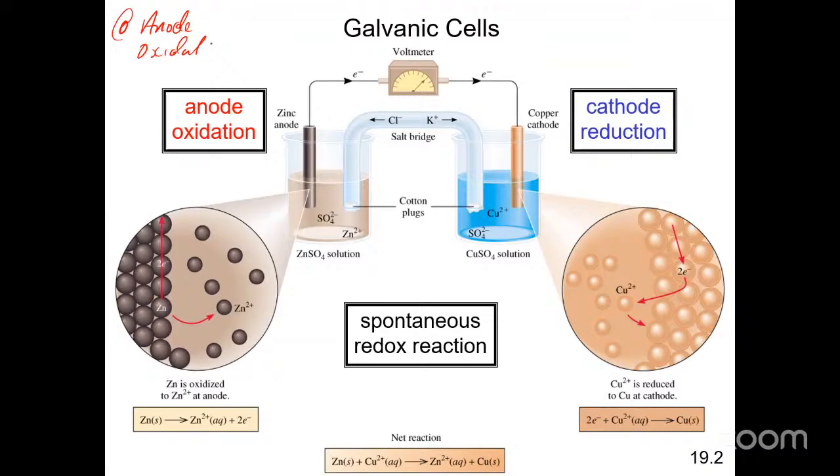And then the other half of the setup is called the cathode. So at cathode, we have reduction, all right? And this is true for all cells, including galvanic cells. We're going to learn later on about electrolytic cells, and it's the same thing. Reduction takes place at the cathode, oxidation takes place at the anode, all right?